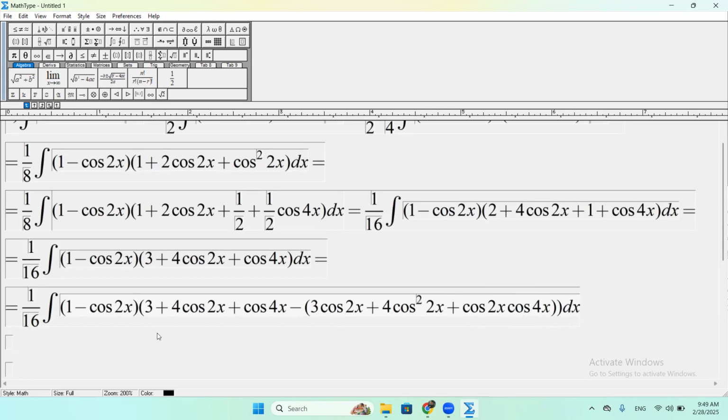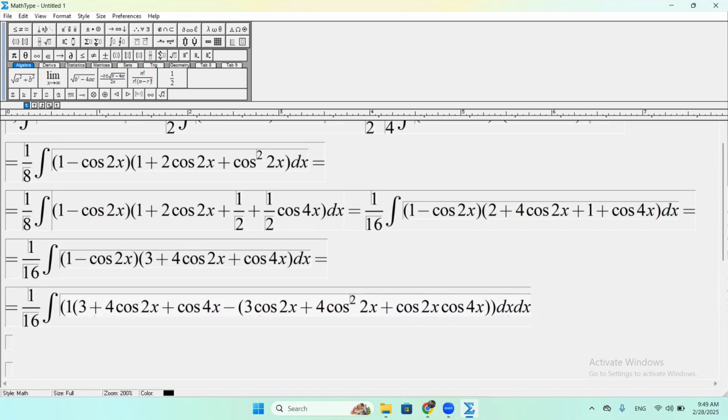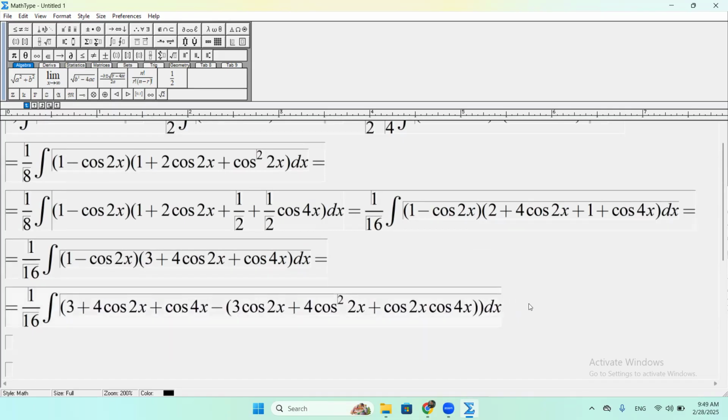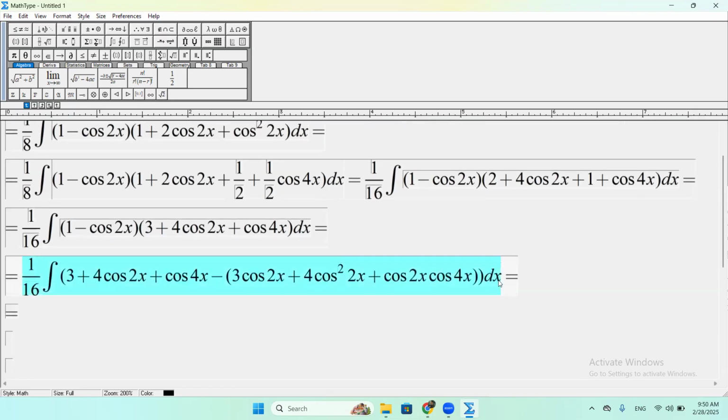So erasing these brackets, and now we will expand, and then we will see what is going on.